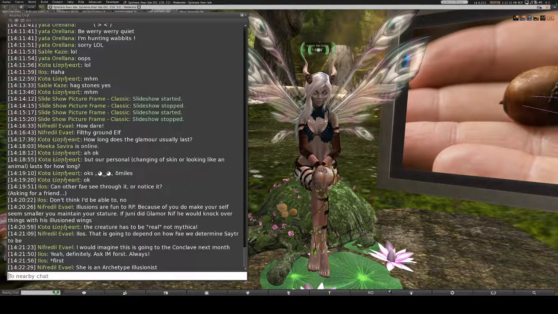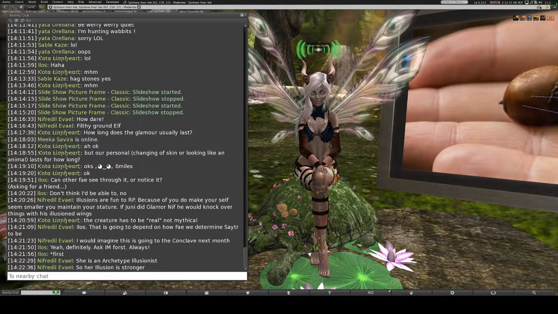Sia's illusions would not be easily seen through at all. I don't think there's really anyone who could see through them, if I remember correctly.